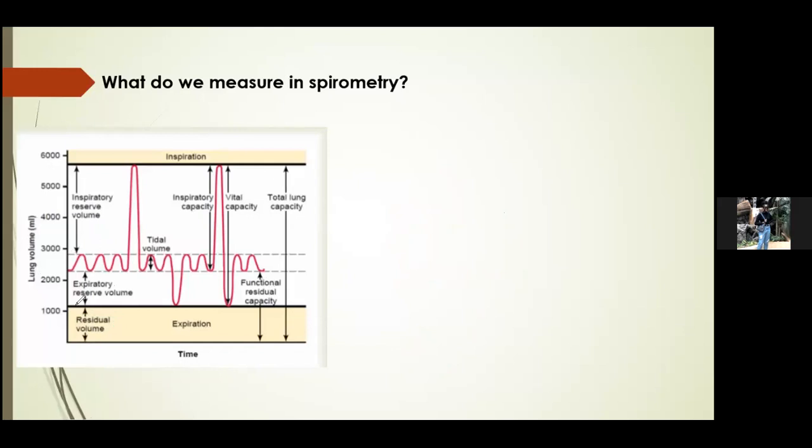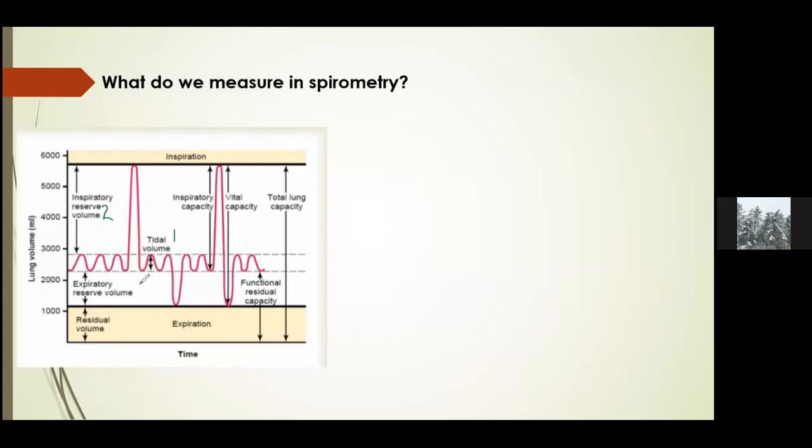Yes. All right. So we have so far discussed tidal volume as one volume, inspiratory reserve volume. So let's give it numbers. This is number 1. This is number 2, the inspiratory reserve volume.